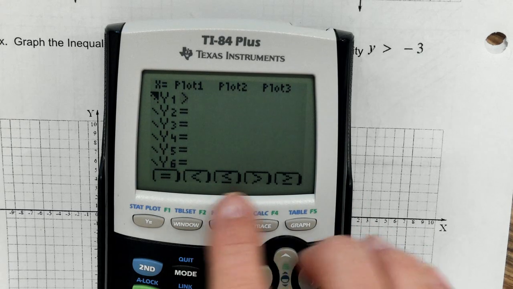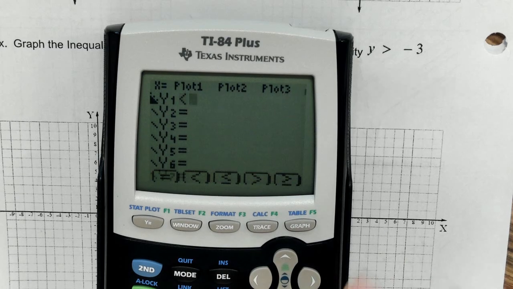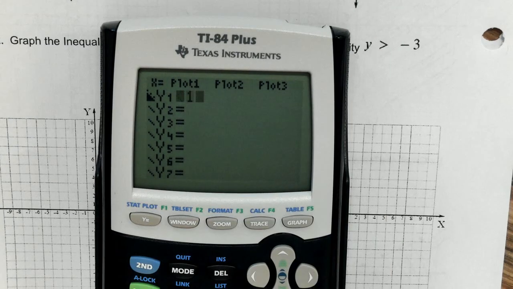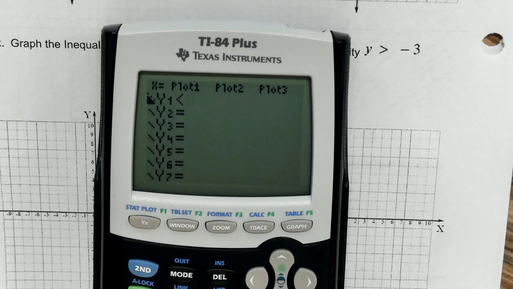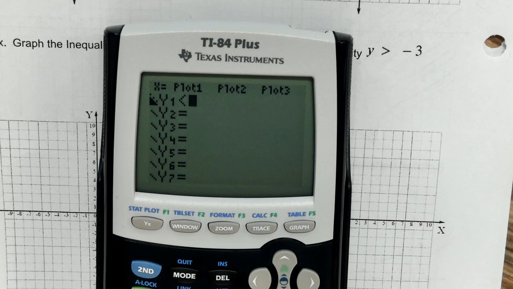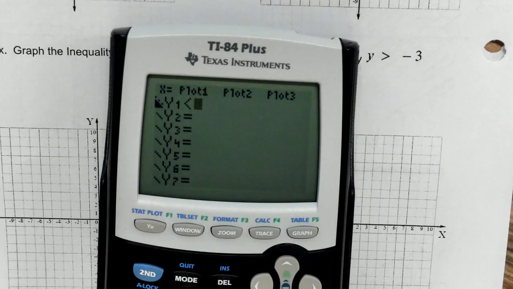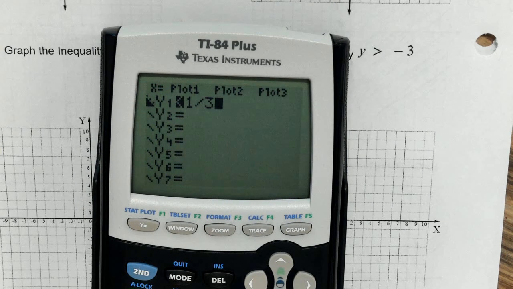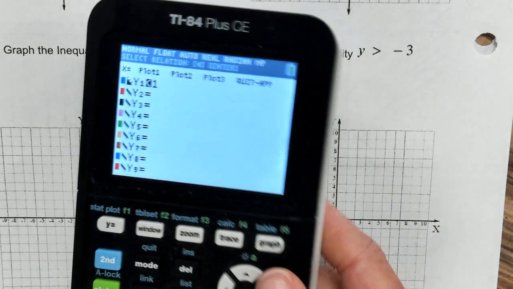I need to change it to less than, which is this one. Here's the problem. Everybody look, if I hit alpha y equals, guess what? It doesn't work. How do you put in a fraction without alpha y equals? With division. Isn't that really just 1 divided by 3? So I would do 1 divided by 3. Make sense? Okay. So I'm going to go in my calculator. It will work.